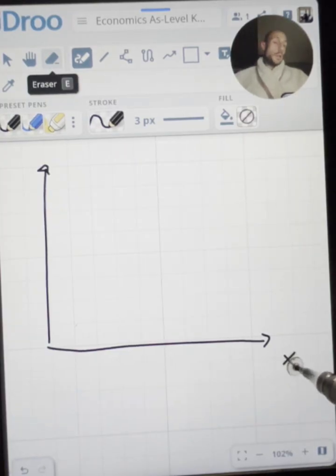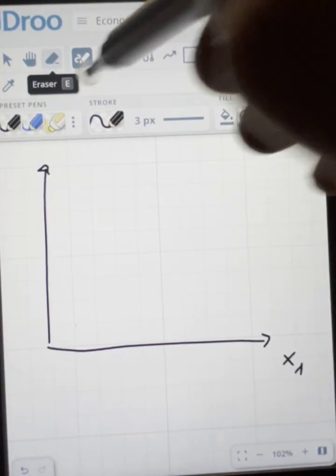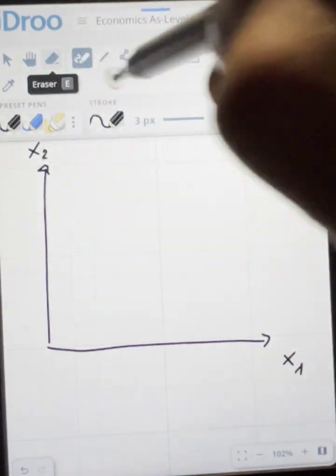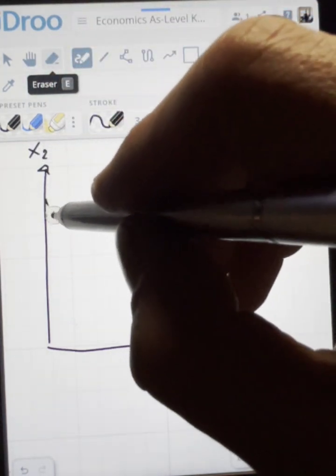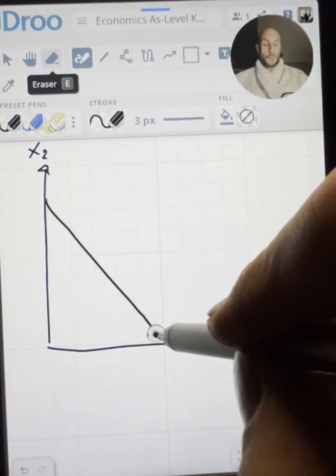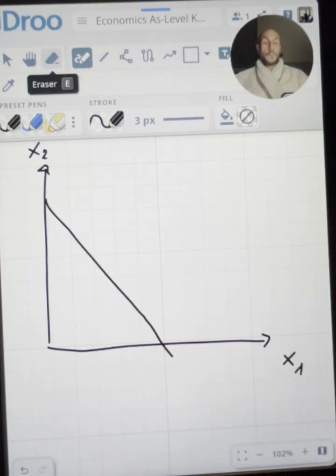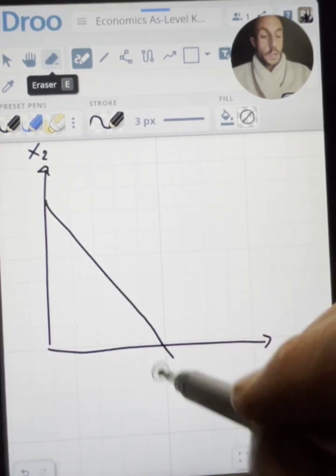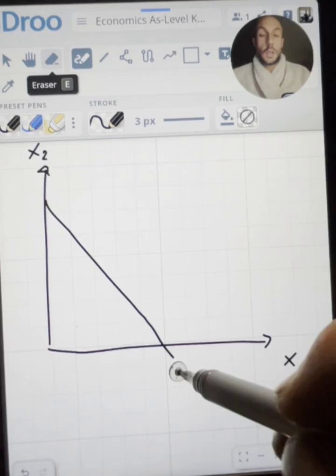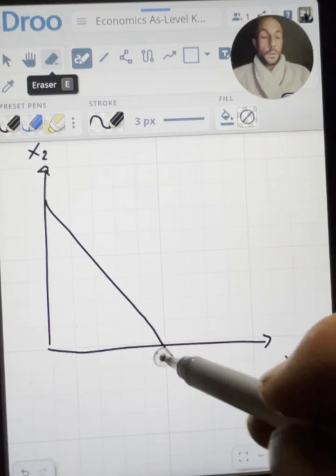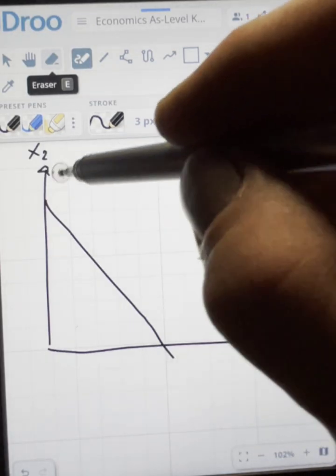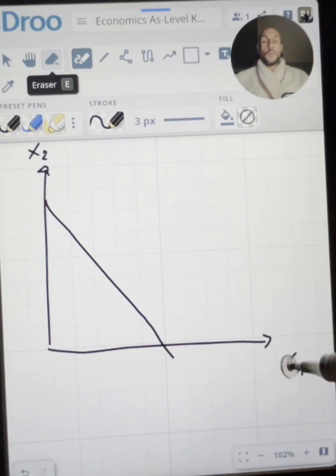So we call here x1, we call here x2, and we draw the budget line like this, where this point here is the quantity of good 1 that you are using, and that one is the quantity of good 2.